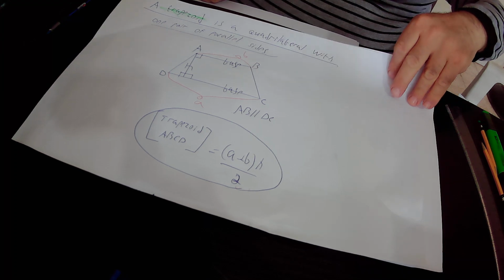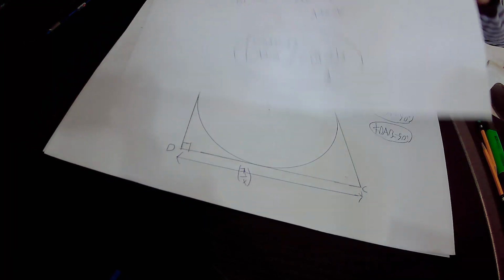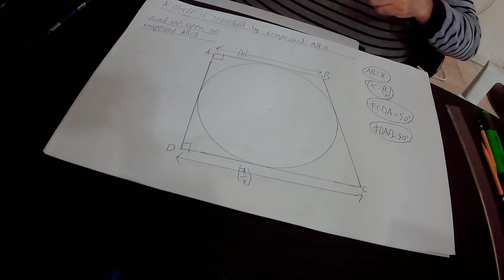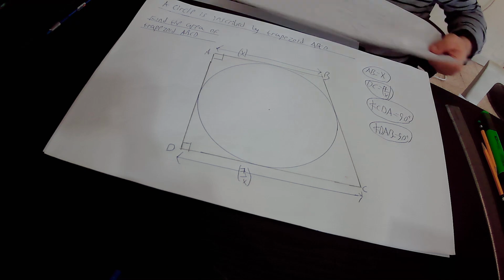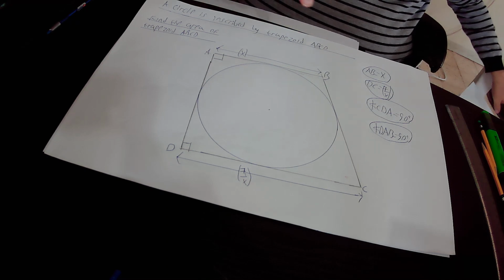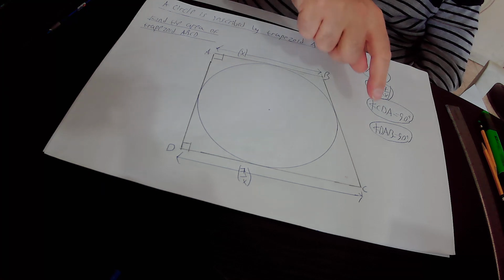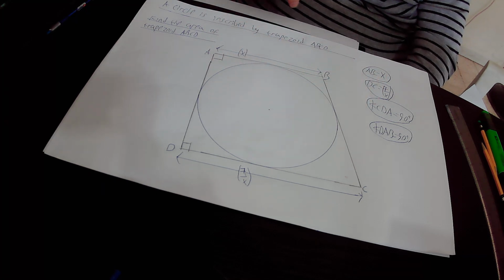Okay, so first of all, we will define the points of tangency of trapezoid ABCD with this circle.